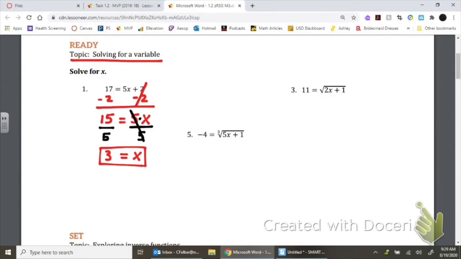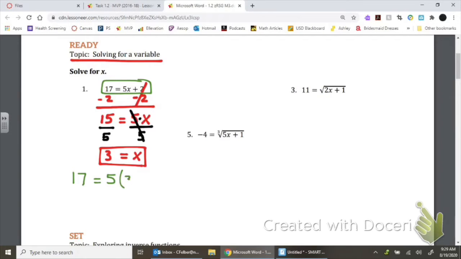And one thing you could do if you're still unsure is check your work. So if I got the answer that x is equal to 3, I can go back to the original problem and substitute a 3 in for the x and see if it's true. So it says 17 equals 5 times x.